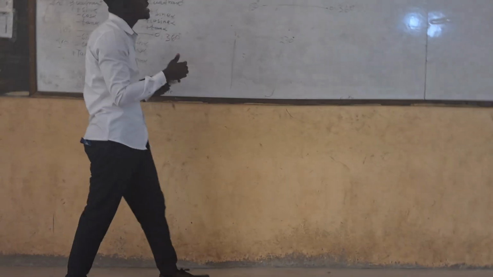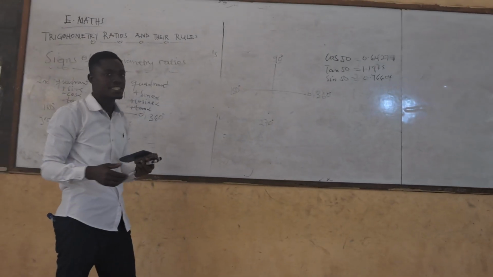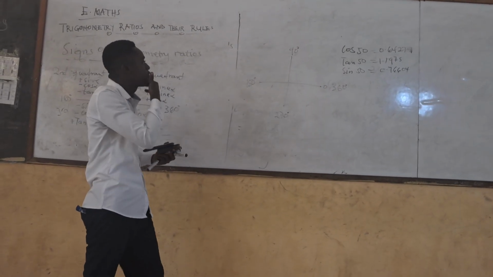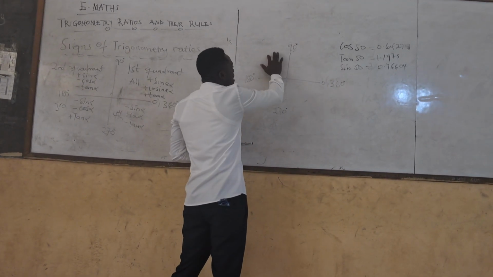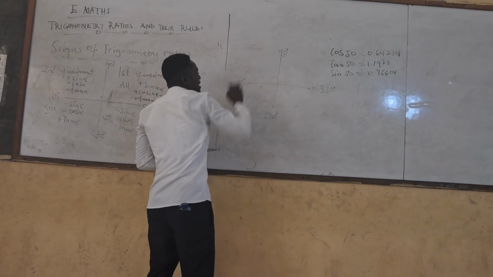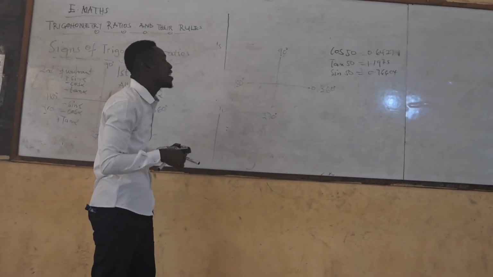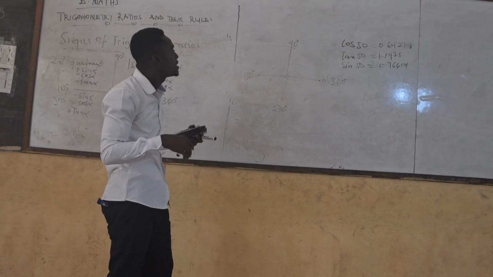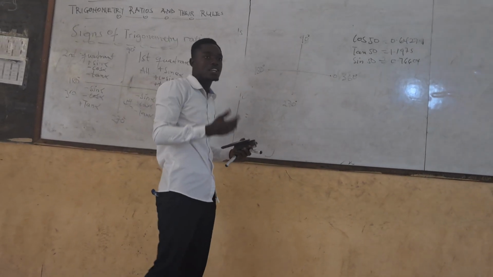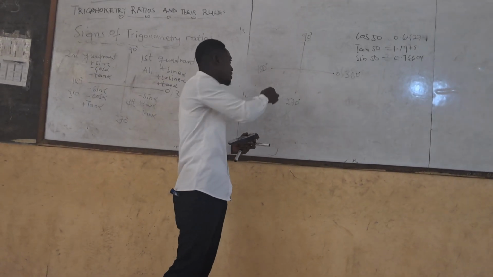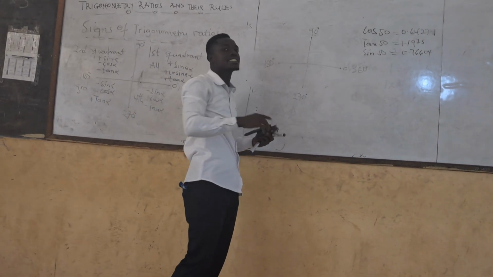Now, from 90 to 180, only sine is positive. So for instance, let's choose any value between 90 and 180. You can have 100, 91, 120, 130 and above. So far as it's within here, only sine is positive.